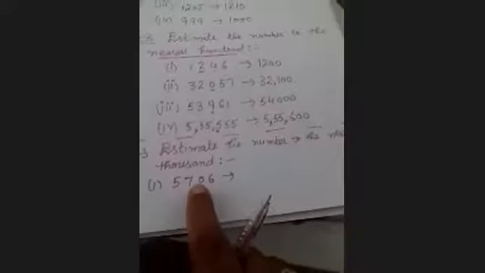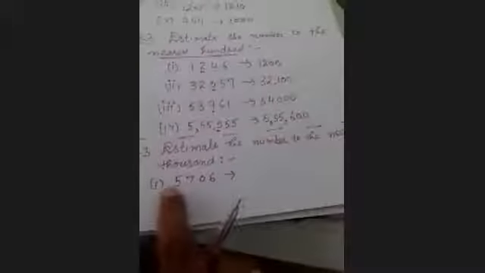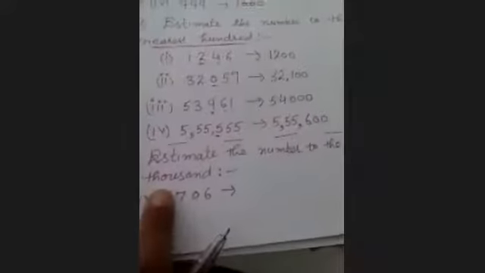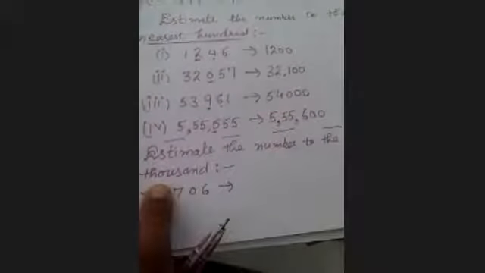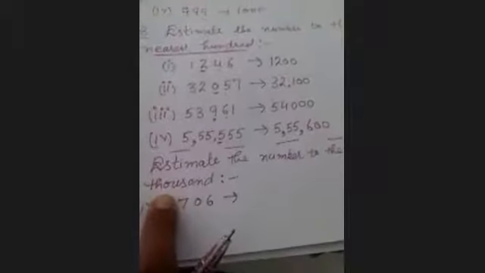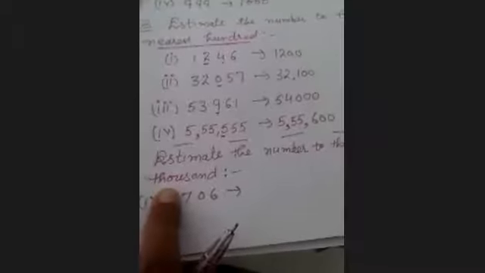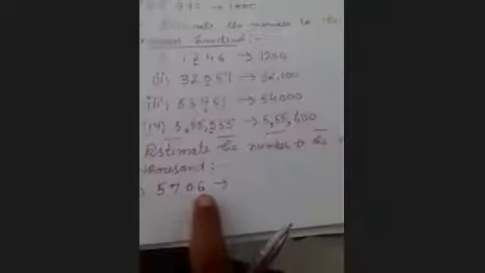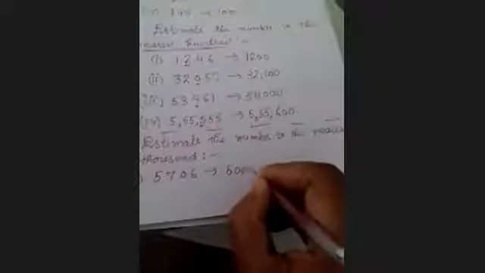Ones, tens, hundred, thousand. Now put your finger here and observe the next number. The next number is 7, which means greater than 5. So the nearest value will be 6,000.